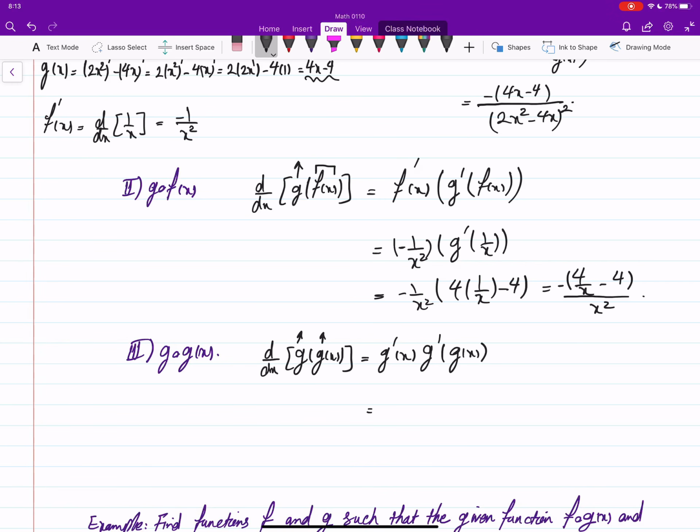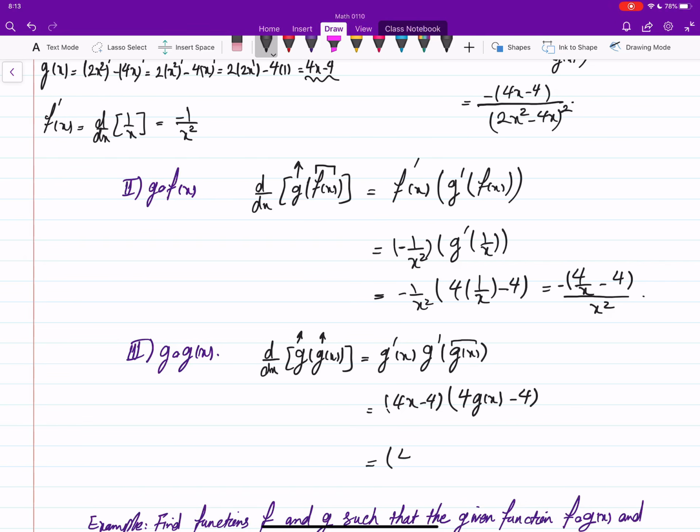In other words, we will have 4x minus 4, and 4x minus 4 evaluated at g(x). Let me write this one a little bit differently. I will have 4x, but instead of x, you have g(x): 4g(x) minus 4.